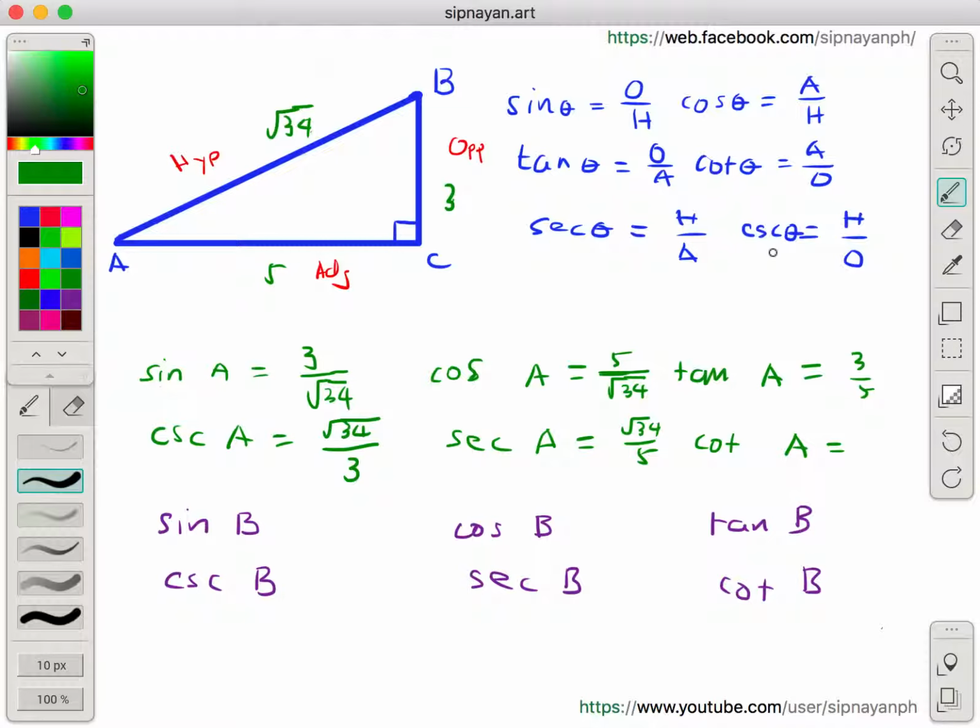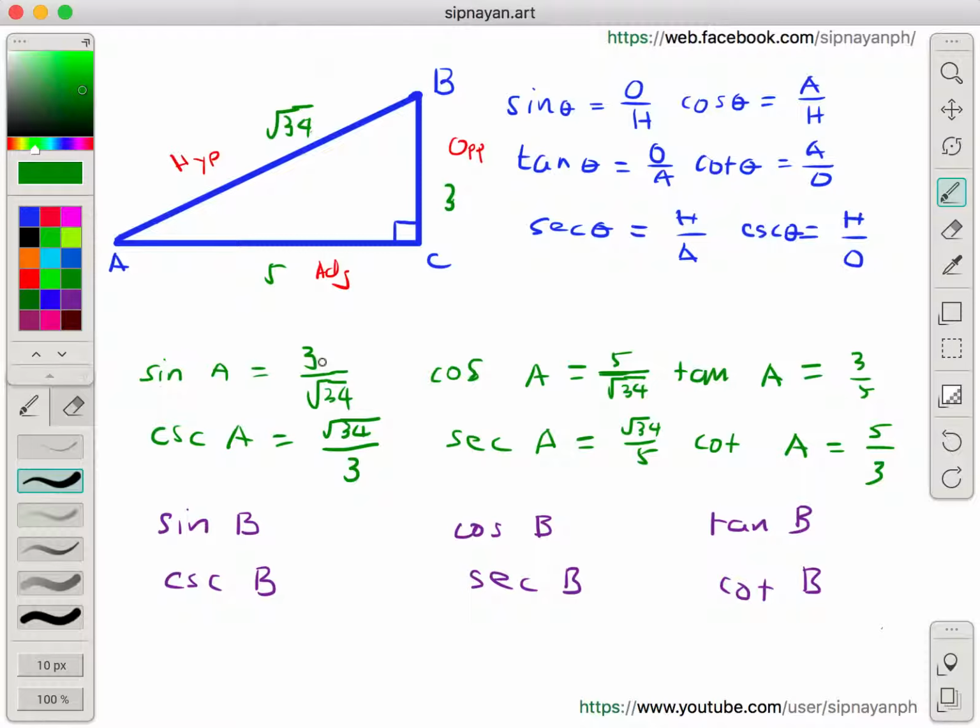So, cotangent is the length of the adjacent side, which is 5, over the length of the opposite side, tama? Opposite side is 3. Opposite of A. Okay? Kung mapapansin niyo, hindi ko siya sinabi kaagad para magamit yung formula. But actually, the cosecant is the reciprocal of, or the inverse of sine.